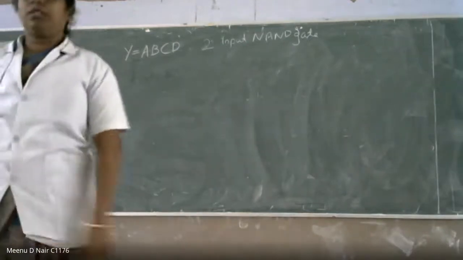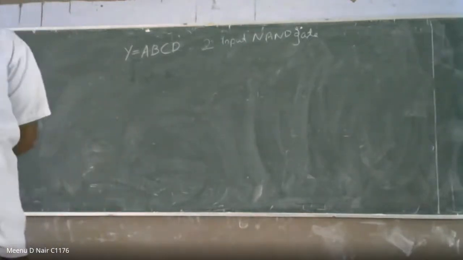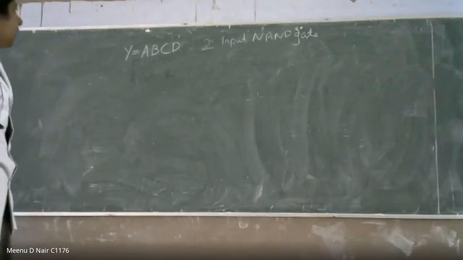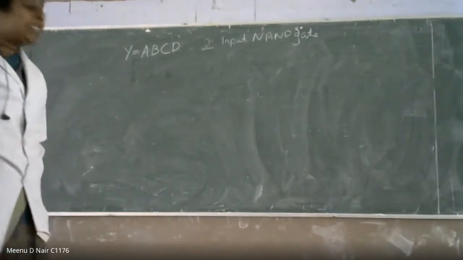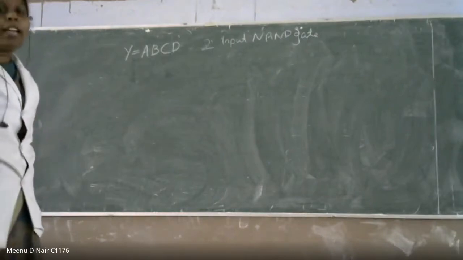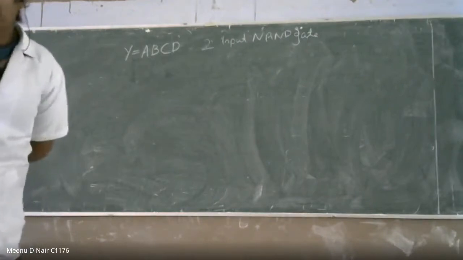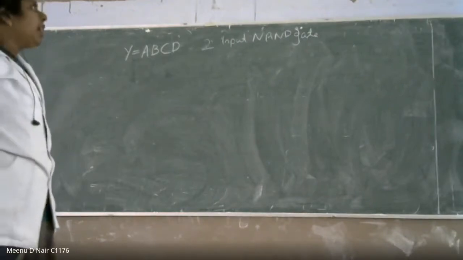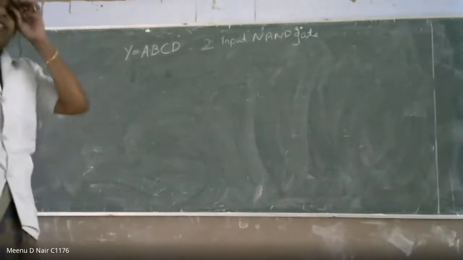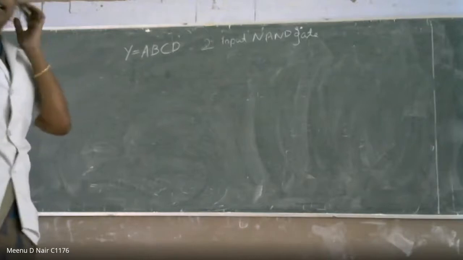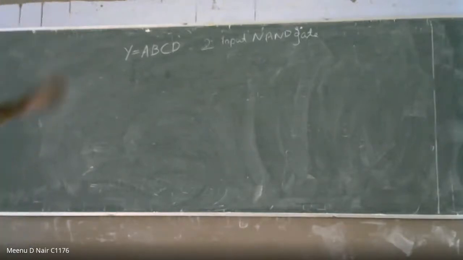How will you do it? Any idea? Y is equal to ABCD is your function and they are asking about two input NAND gates. You can use only NAND gates, you cannot use any other gate, and that also two input.